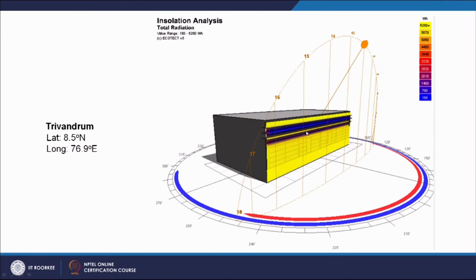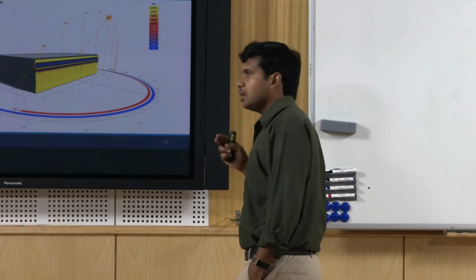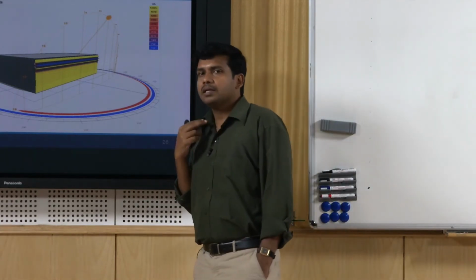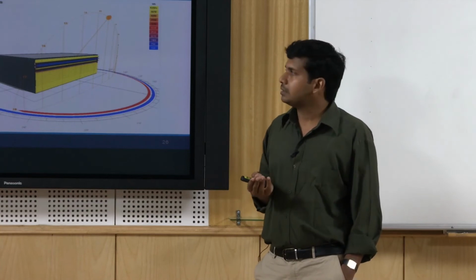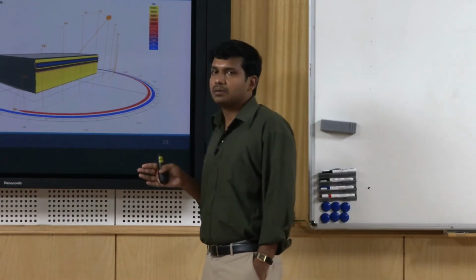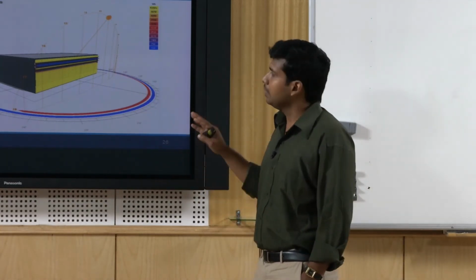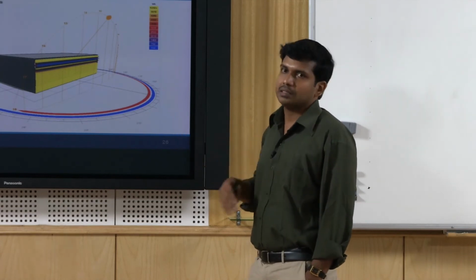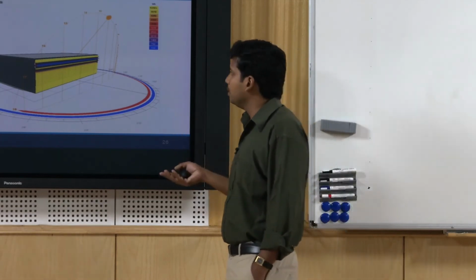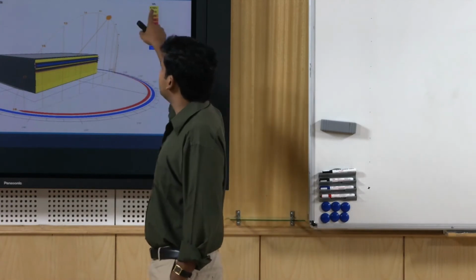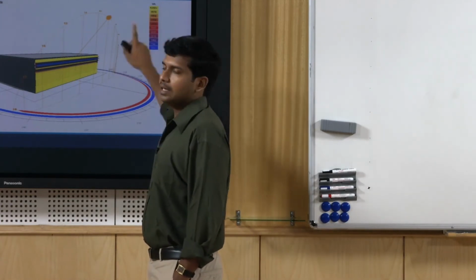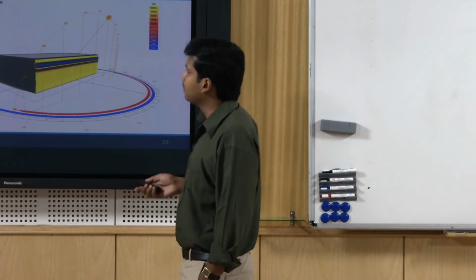So, the solar incidence you receive on the southern facade considerably varies between the northern part of India, that is a location like Srinagar, versus Trivandrum. Now let us not worry about what climate condition it is. Srinagar has a colder climate versus Trivandrum has a warm and humid climate. Now we are not getting into the climate classification, that is part of a different module, the subsequent modules, but just the solar radiation intensity considerably varies on a given building facade.